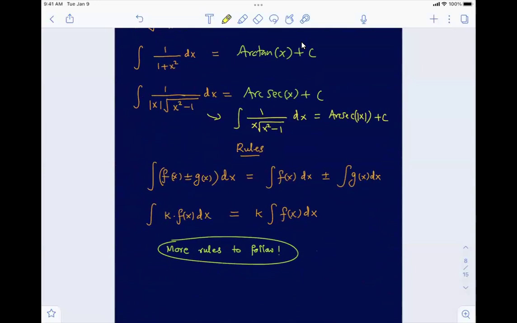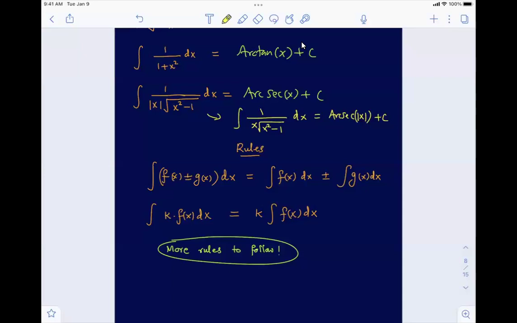These two rules are again the linearity properties, directly resulting from linearity of derivatives. When you take the derivative, we know we can split it over a summation or subtraction. That is how we get this result. And then a constant multiple will always pull outside of the operation, which is still valid for integration.